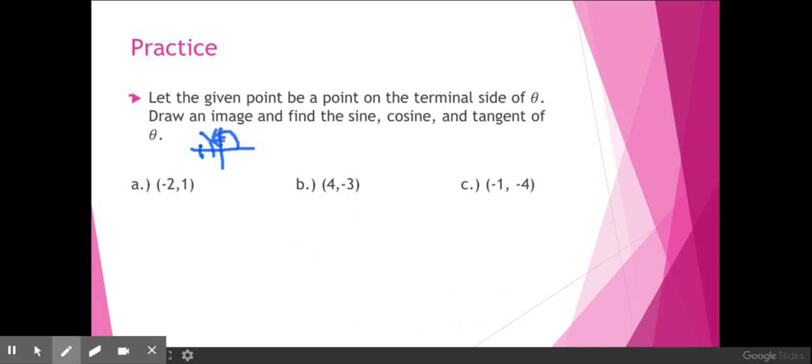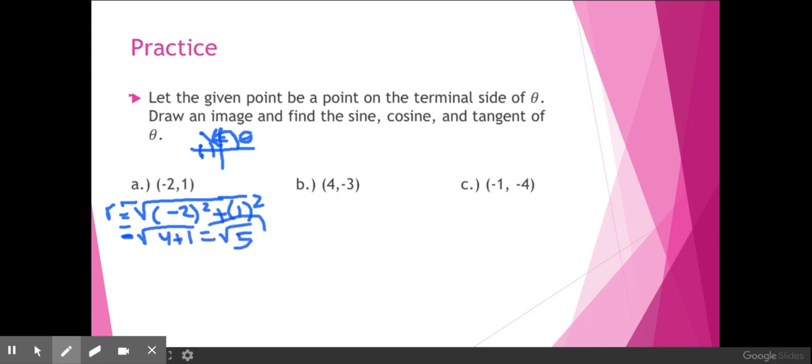My angle theta is right there. That's not a necessary step, but it does help you to visualize it. Next, we want to solve for r, so -2 squared plus 1 squared, and we're going to square root that. This equals the square root of 4 plus 1, which equals the square root of 5.